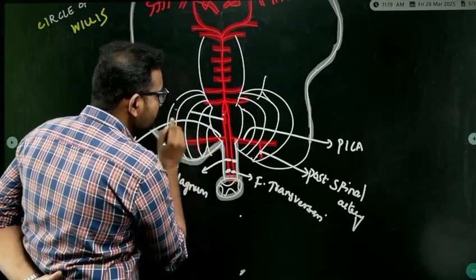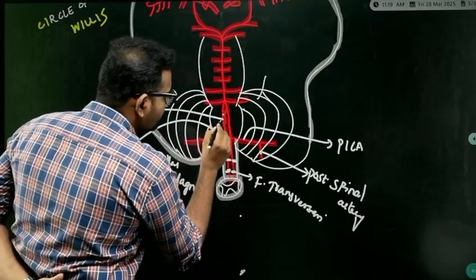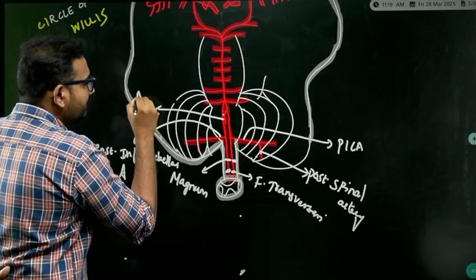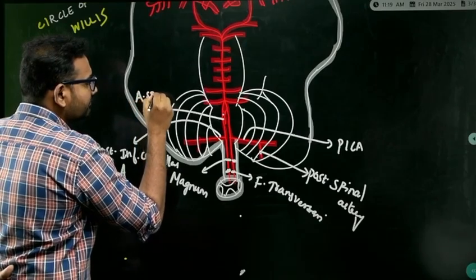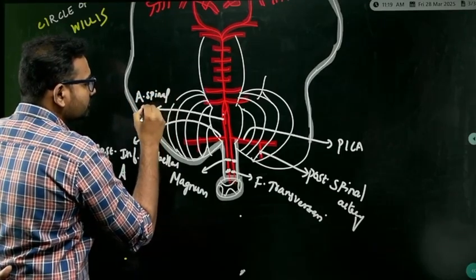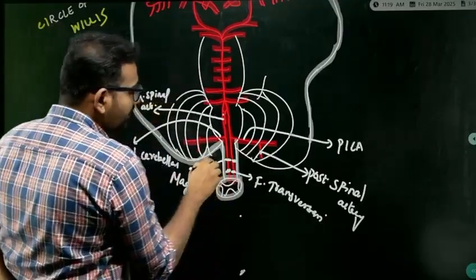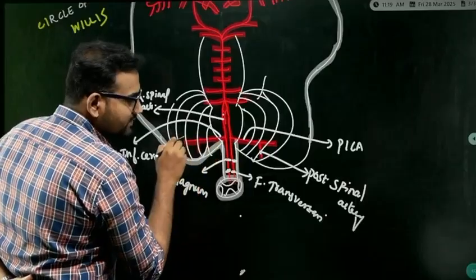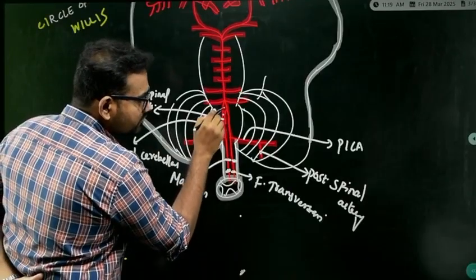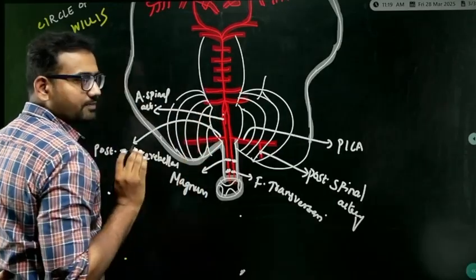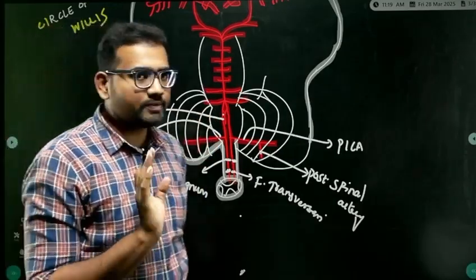This portion where it fuses and moves down is the anterior spinal artery. So the vertebral artery moves up, fuses, and that branch is called the anterior spinal artery. I hope it's clear.